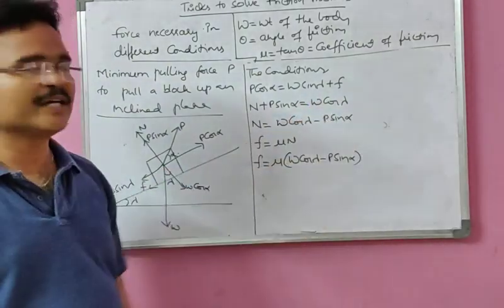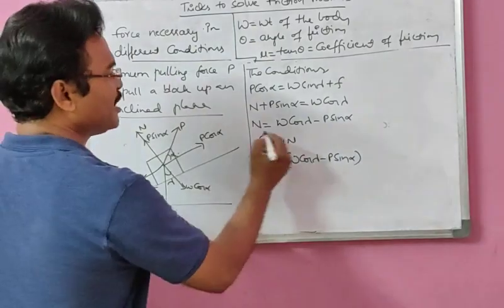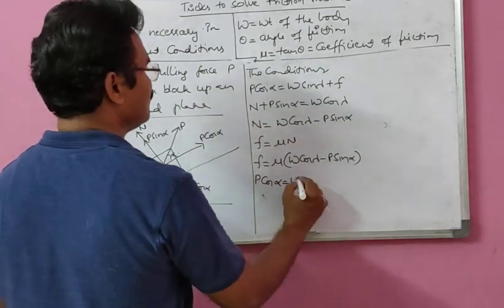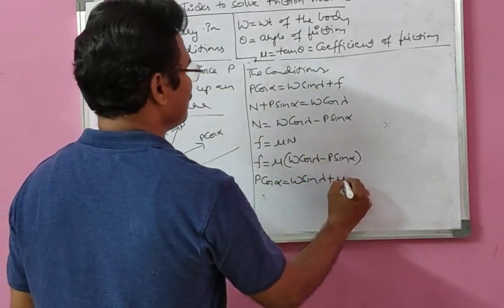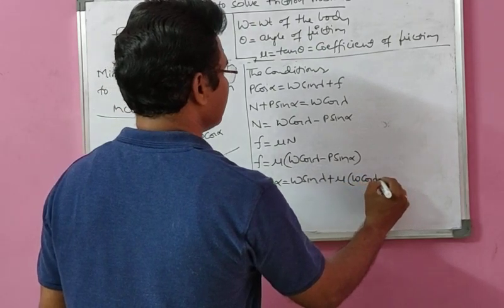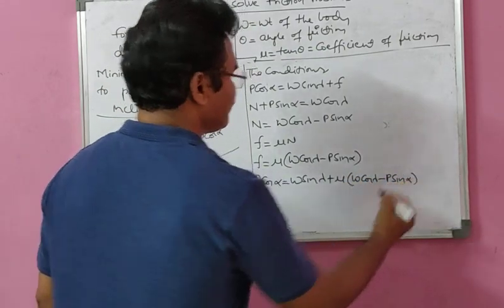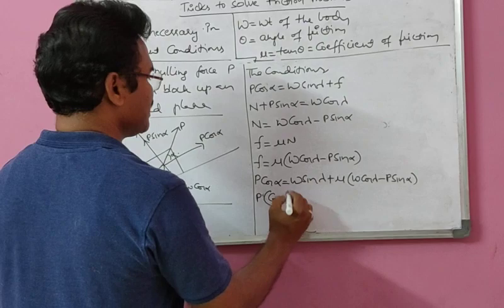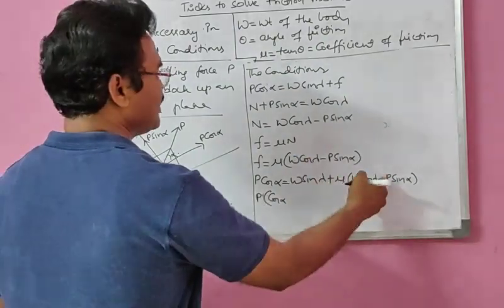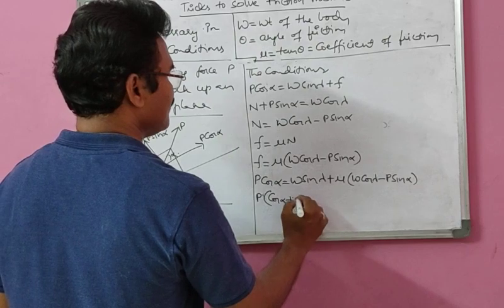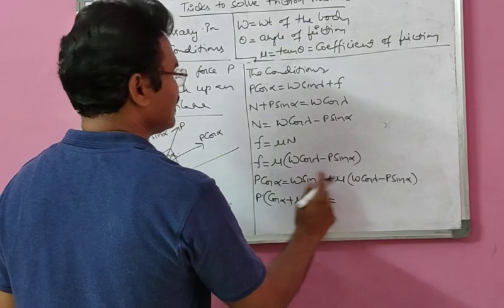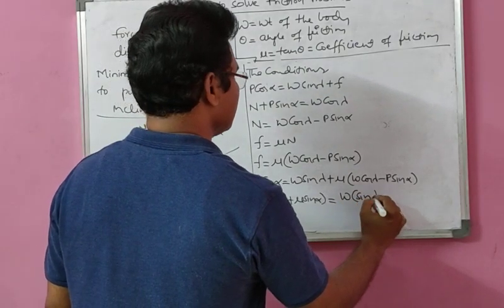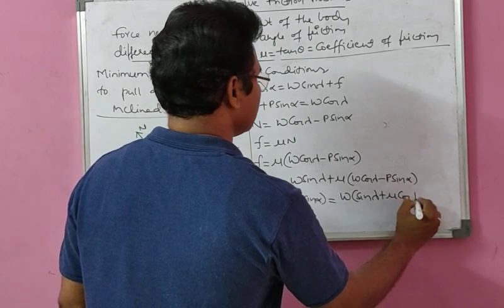If you substitute the F value here, we are going to get the expression for P. I'm writing the same here. That is P cos alpha equal to W sin lambda plus mu of (W cos lambda minus P sin alpha). If you take common, you are going to get P of (cos alpha plus mu sin alpha), and here we can take W common, so you are going to get W of (sin lambda plus mu cos lambda).